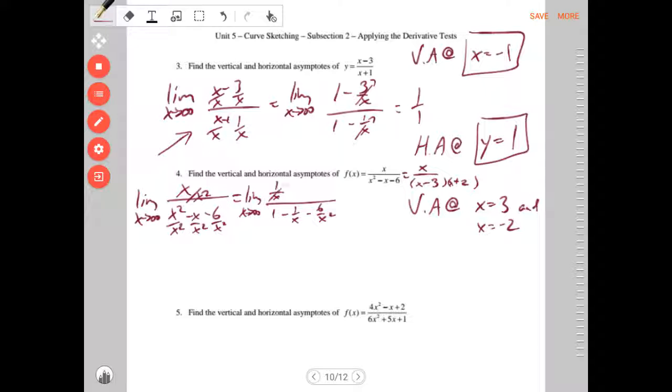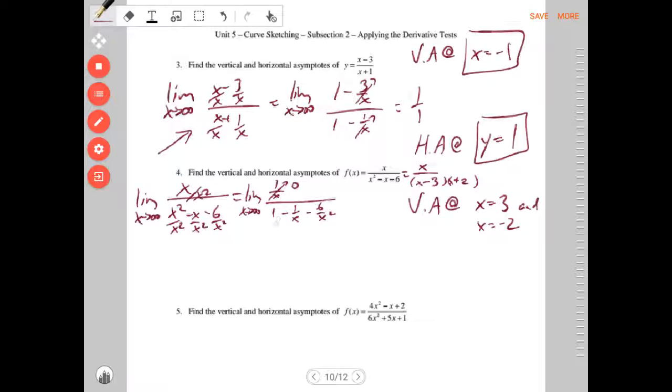So this guy here is 0, this guy is 0, this guy is 0. So this works out to 0 over 1, which is just 0. So our horizontal asymptote happens when y equals 0.